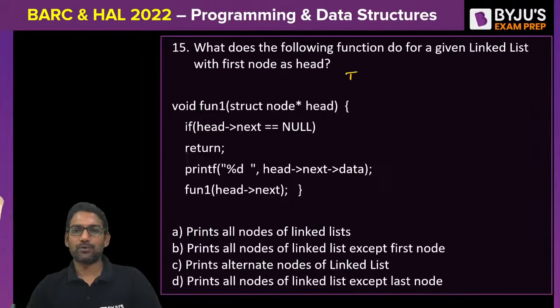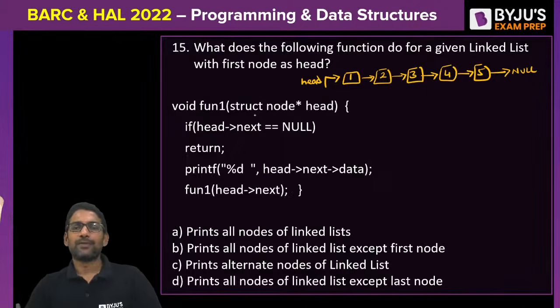let's take some nodes. 1, 2, 3, 4, 5. Let's say 5 is the last node. From the code, we can understand it is an SLL, singly linked list. If head next equal to null, is 1's next null?